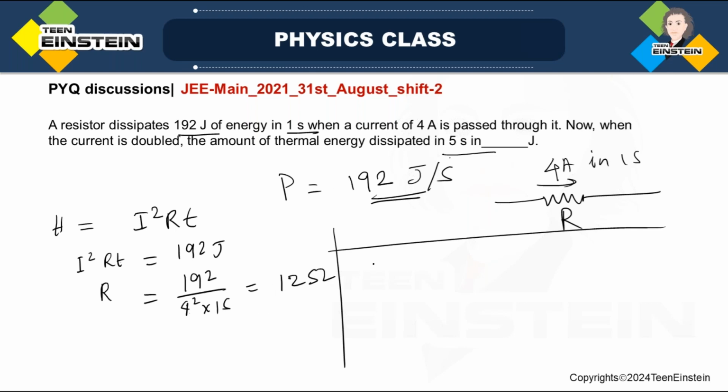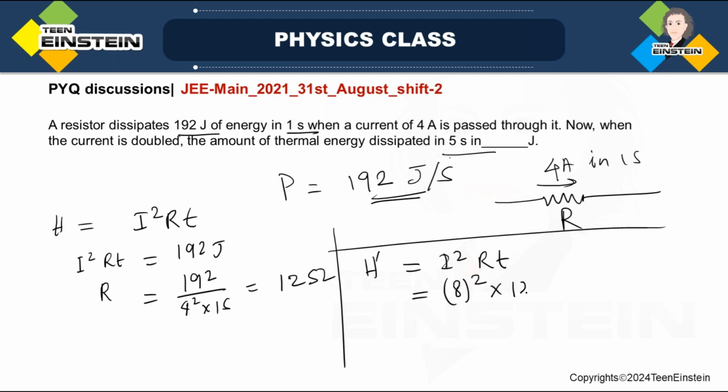Now you have to find out the energy dissipated in 5 seconds. Let us say this is H prime, I square RT. What is I now? I is now 8, double, right? 8 ampere.